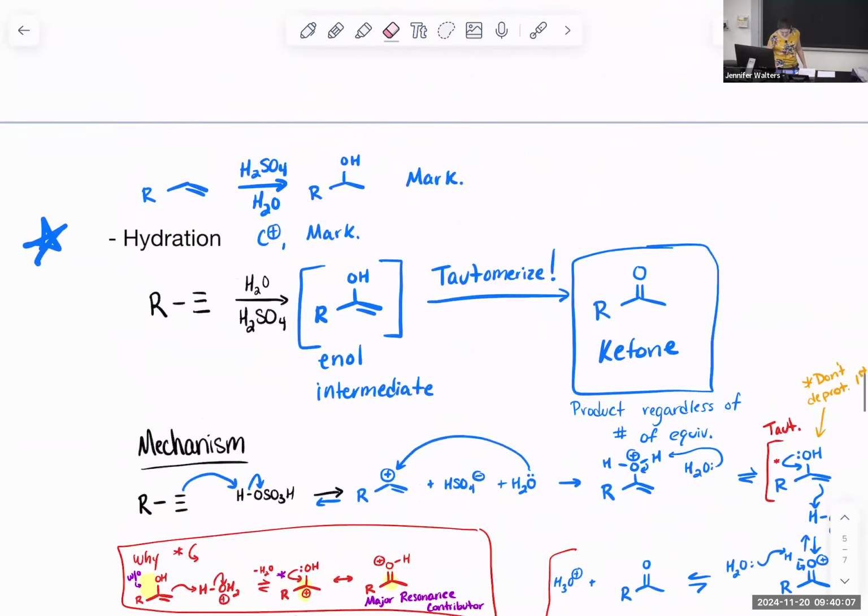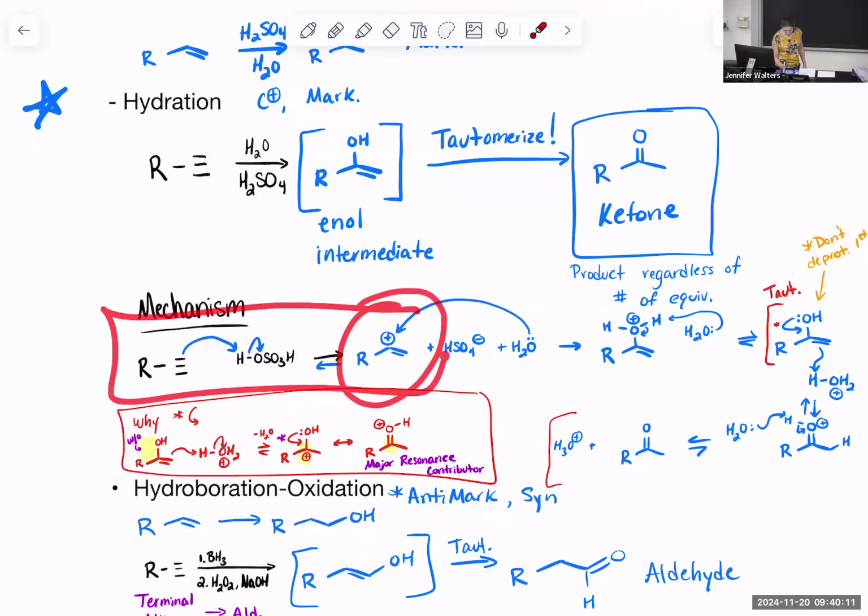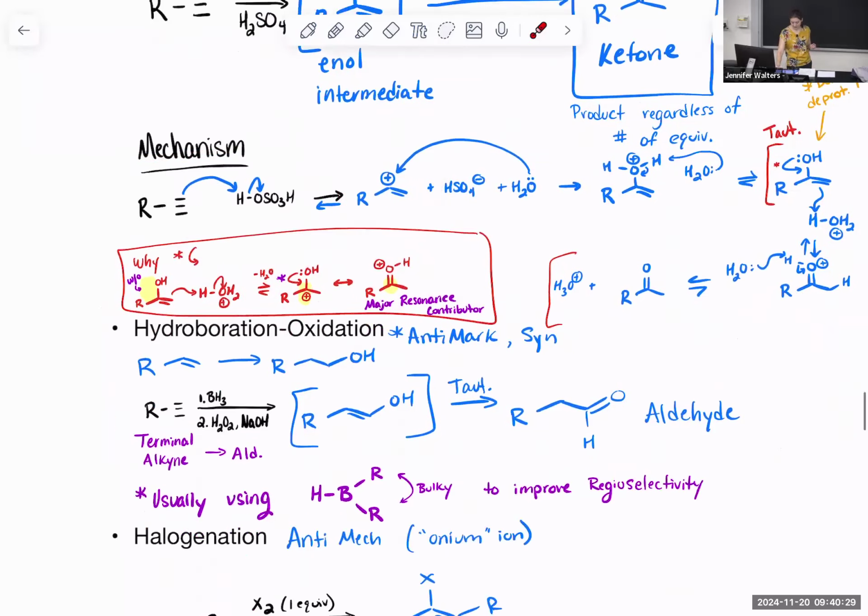So when we were drawing this thing, this step probably isn't that simple. Usually this step will also require some sort of mercury to facilitate it. Like when you do oxymercuration, demercuration, that can help facilitate this reaction because you don't actually get a true carbocation on the double bond.